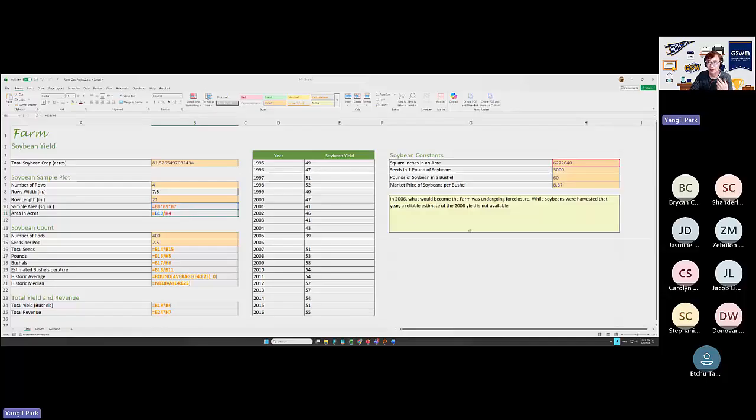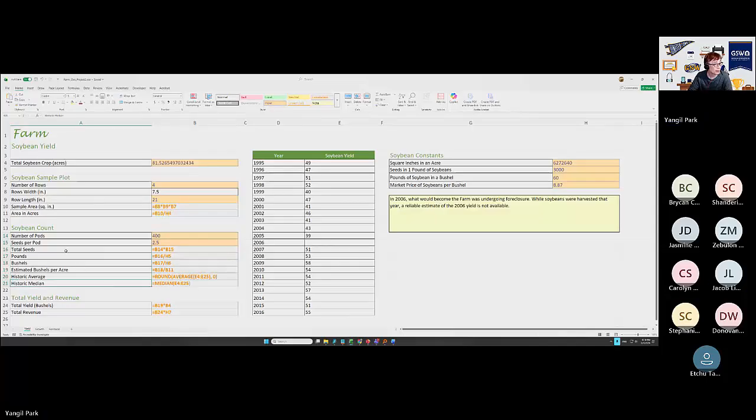So based on some data or numbers given, we're going to calculate the sample plot, and from that sample area, how much soybean can be grown. Okay, so that's the whole idea of this exercise. I think it's somewhat similar to the module itself and the case problems, to calculate.